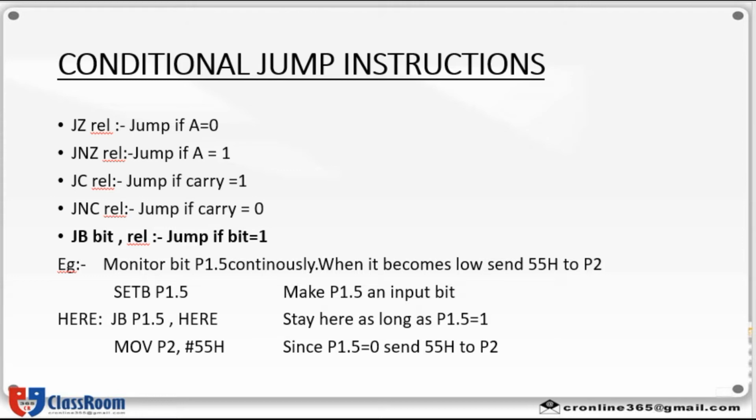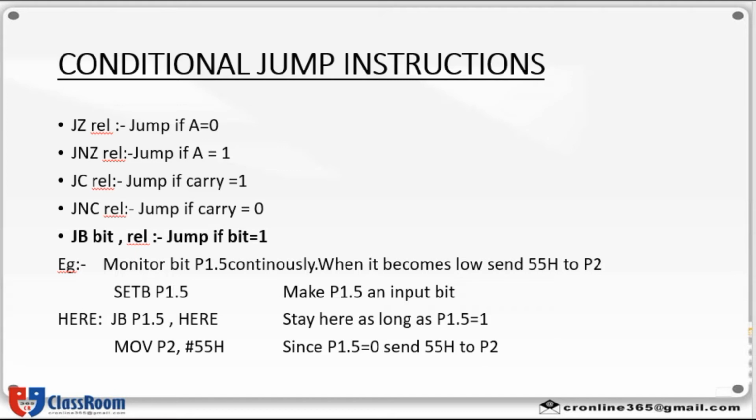Whenever this P1.5 becomes low, that is, port 1 5th pin becomes low, you have to send a value 55H to port 2. So, how to make P1.5 an input port? By using the instruction SETB P1.5. Make P1.5 an input port. We are sending value 1 to port 1 5th pin.